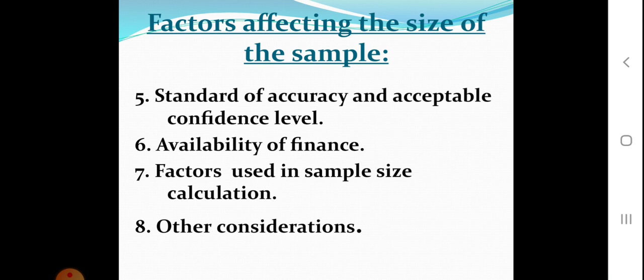For doubling the accuracy, for a fixed significance level, the sample size has to be increased fourfold. If the highest degree of accuracy is required, the size of the sample should be large.